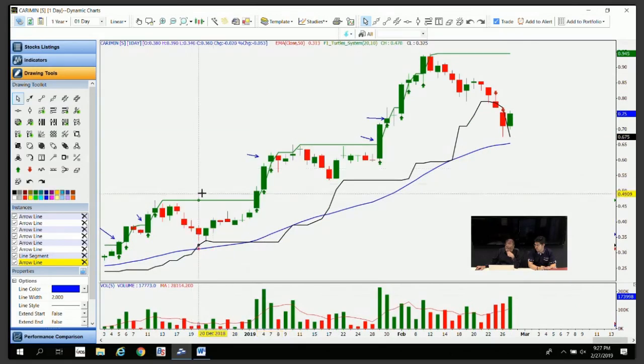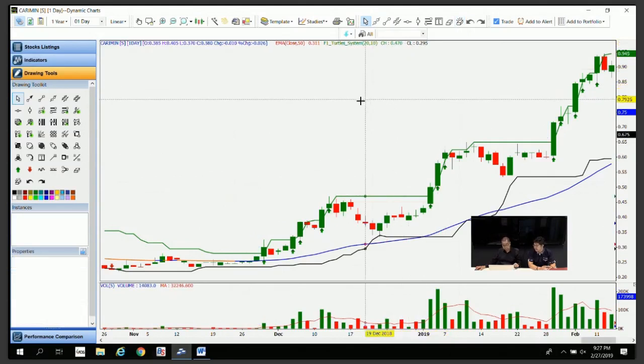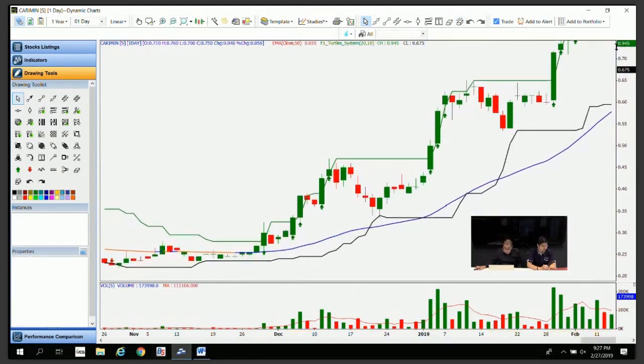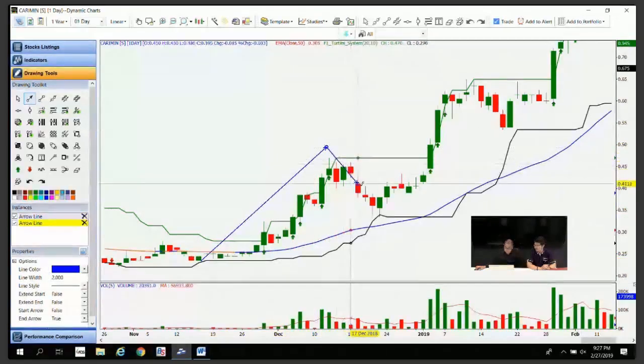Can you see in this example that there was a rally here? From here it rallied to here, and then it pulled back.